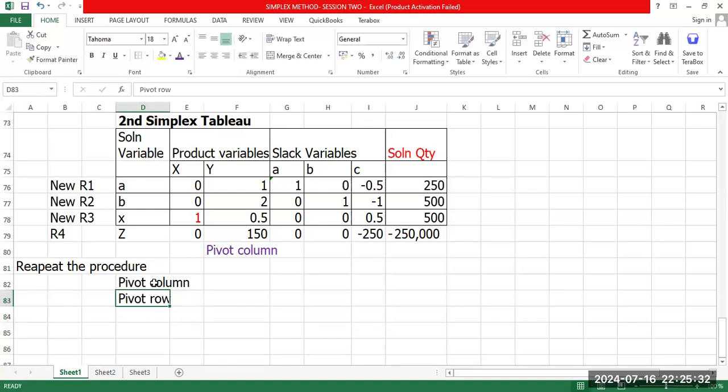How do you identify the pivot row? Helen, you are quiet. How do we get the pivot row?